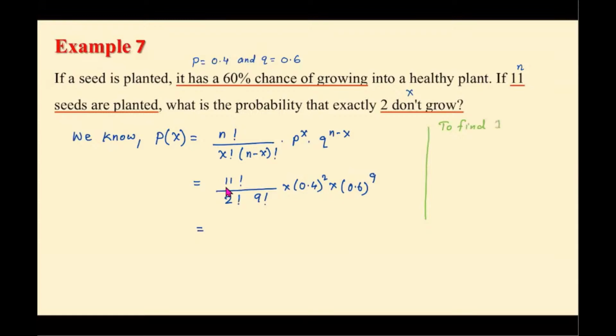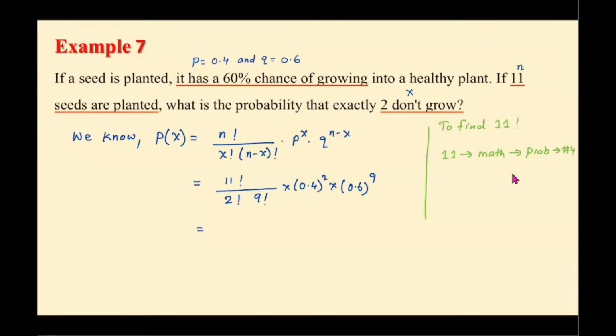First you type 11 on the screen, and then you go to math, and then you go to probability, and then you go to number 4.